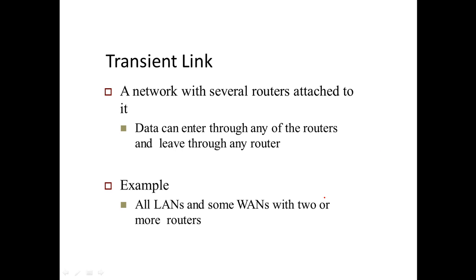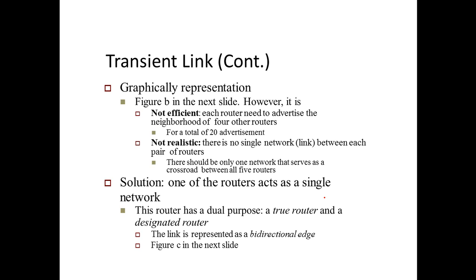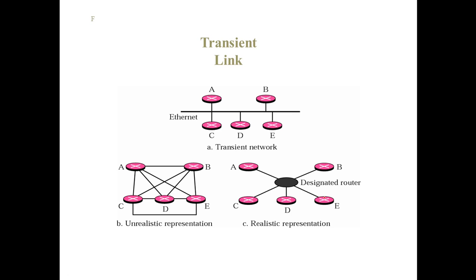The second one is the transient link, and in this kind of link there are several routers attached to it. Data can enter through any of the routers and leave through any router. You can see that this is a LAN or WAN kind of situation where multiple routers are involved.